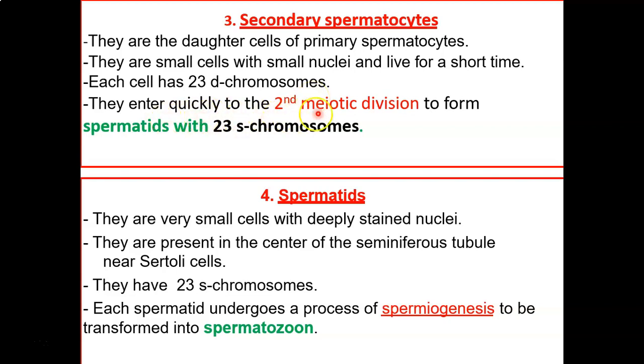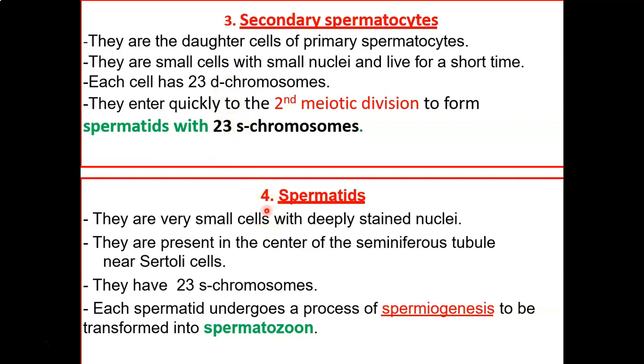They enter quickly into the second meiotic division to form spermatids, appearing green here. Spermatids have how many chromosomes? Yes, 23 S chromosomes, while secondary spermatocytes contain 23 D chromosomes. Take care of these numbers, please.